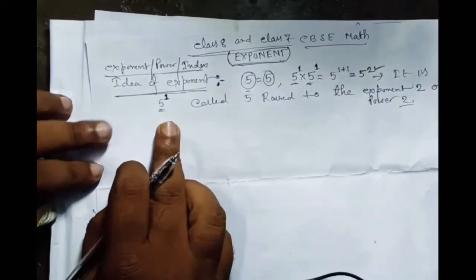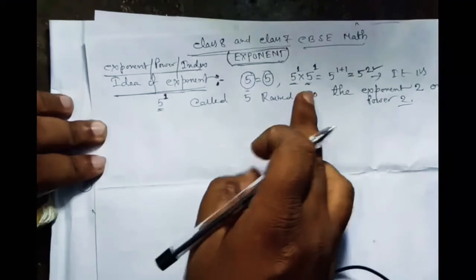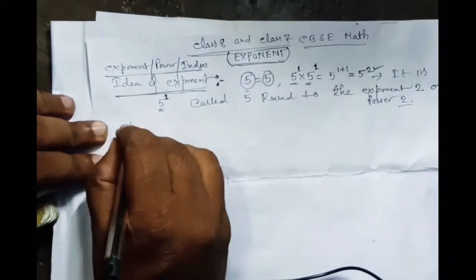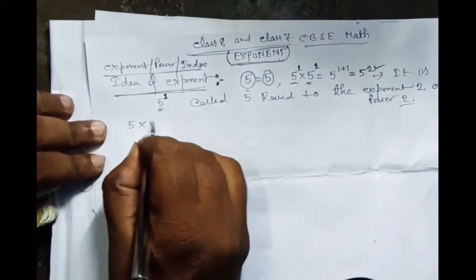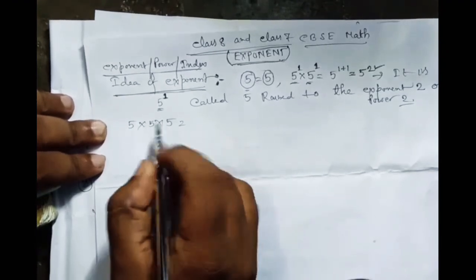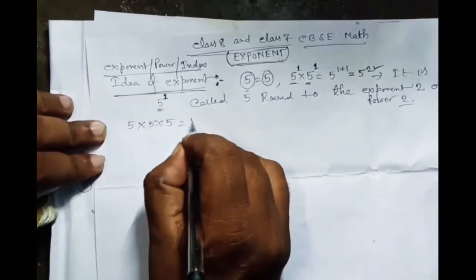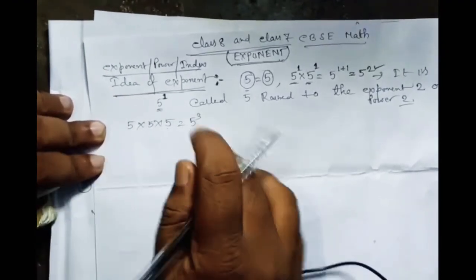So now if we take 5 multiplying 3 times, we can write 5 to the power 3.